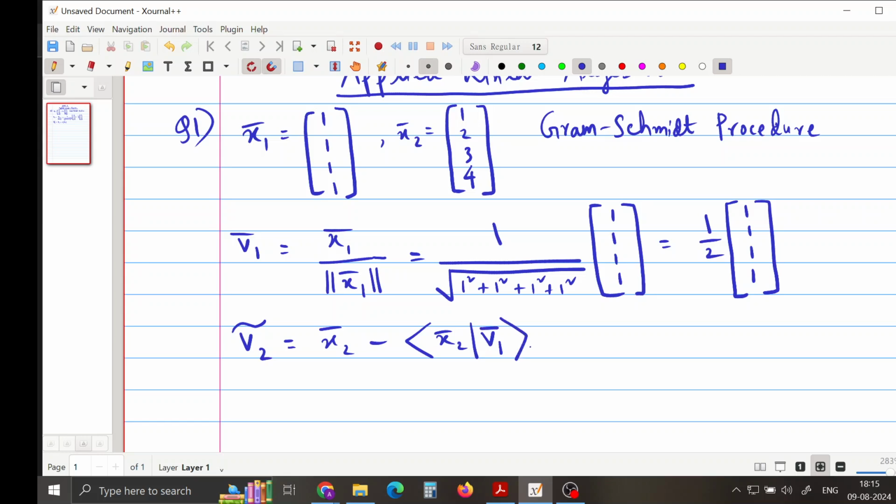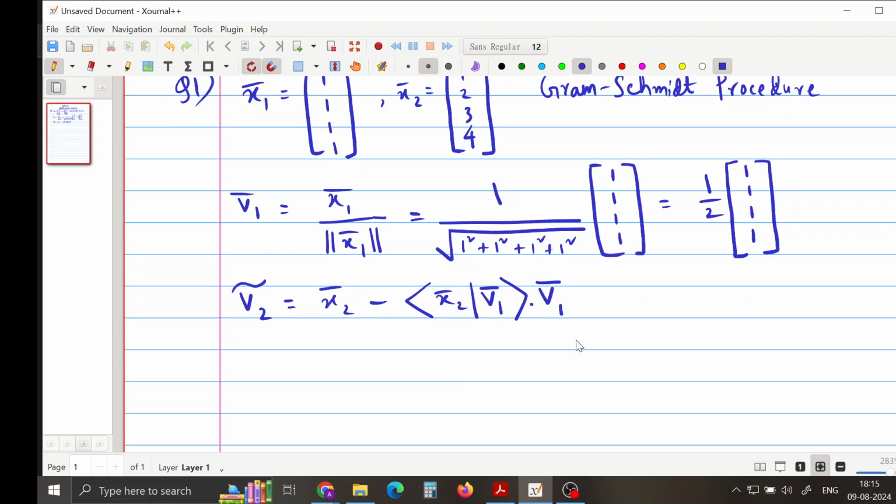So clearly it's an inner product, right? It's like the overlap of those two vectors, or the projection, along the direction of v1. This is the projection of x2 along v1.